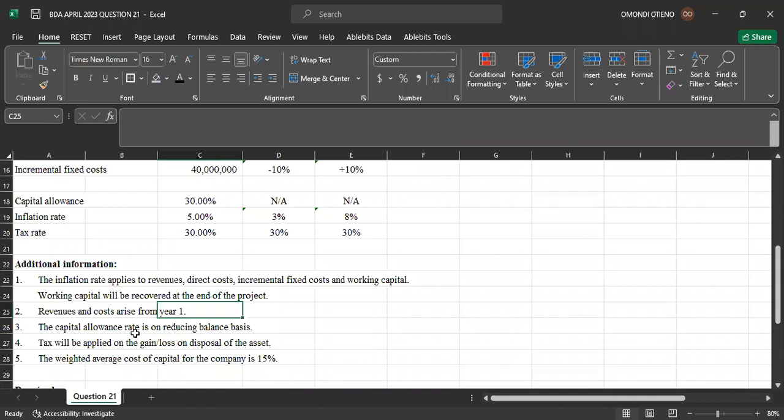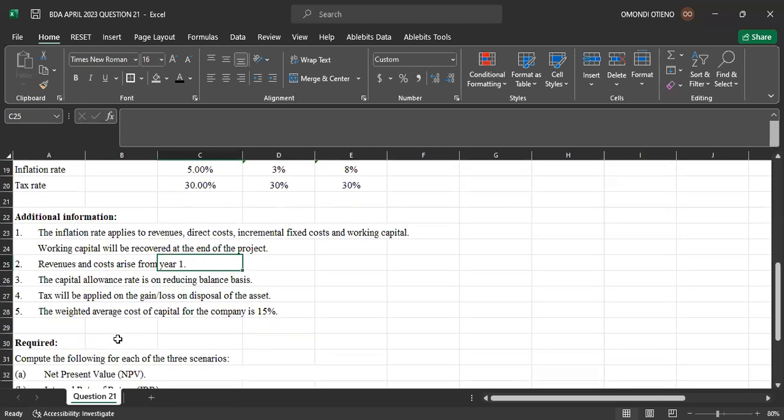And we are going to compare the disposal value and the net present value. So if the disposal value is more than the net present value, then automatically you're going to say there's a capital gain. That capital gain is subjected to tax. Then number 5, the weighted average cost of capital for the company is 15%.